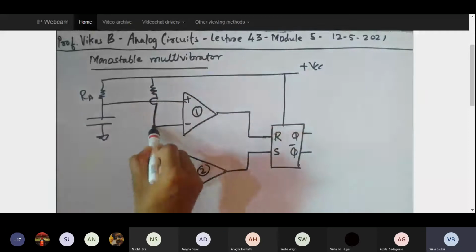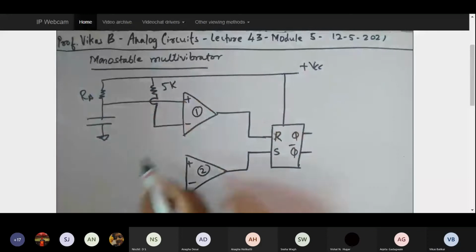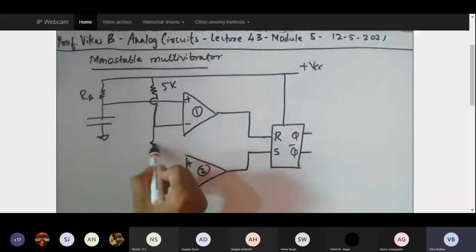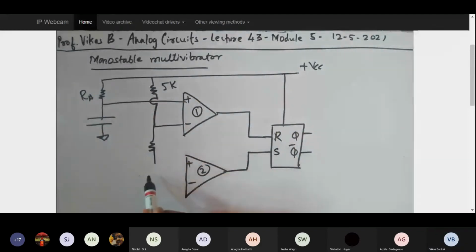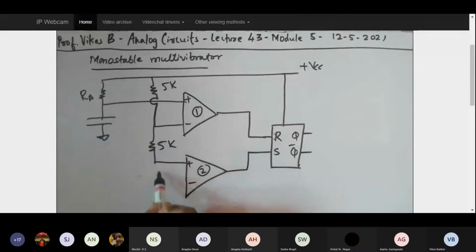So I have a resistance of value, I'm here taking a value of 5K. We can take any other suitable values. So I will be having three 5K resistors. All are of the value 5K.